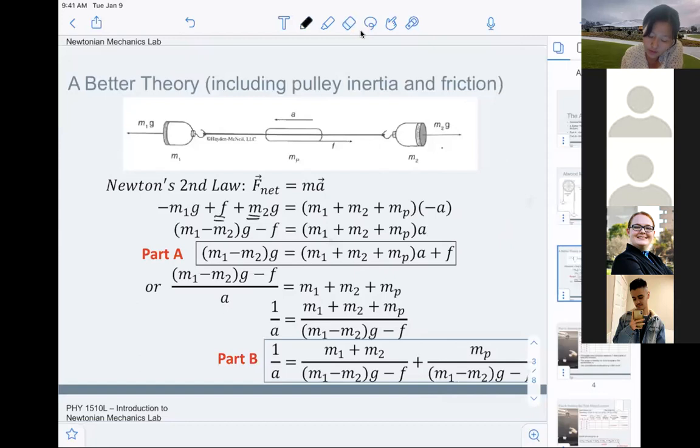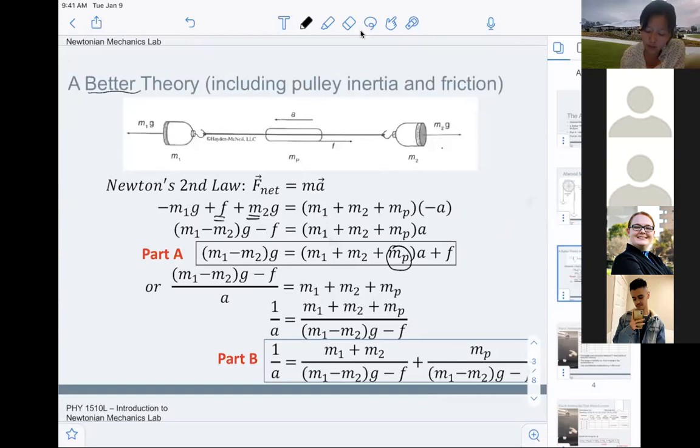So, a better theory to make it a little bit more accurate: oftentimes we ignore the mass of the pulley. But there is a certain mass of the pulley. So a better theory is to keep that in mind as well, because while you're accelerating the entire system, you rotate the pulley as well.